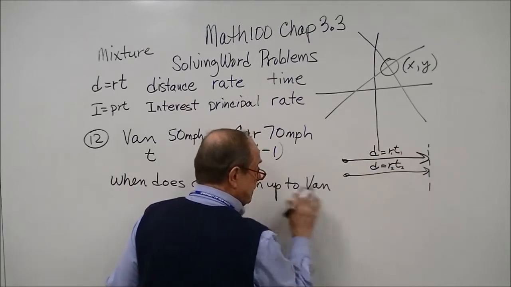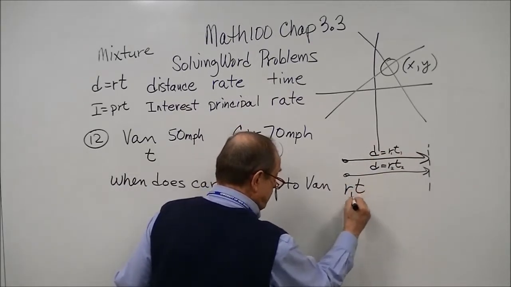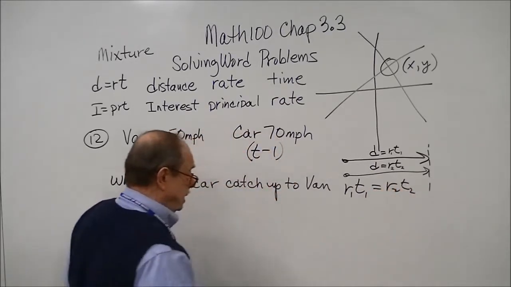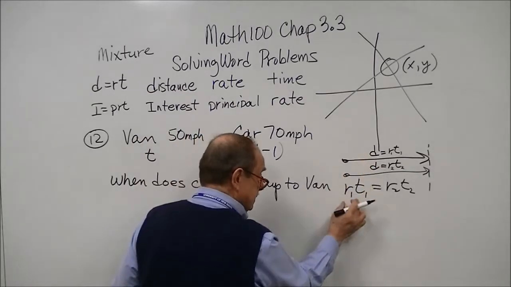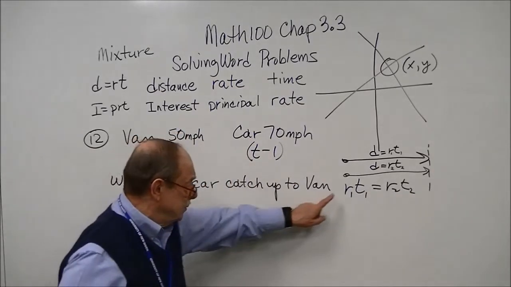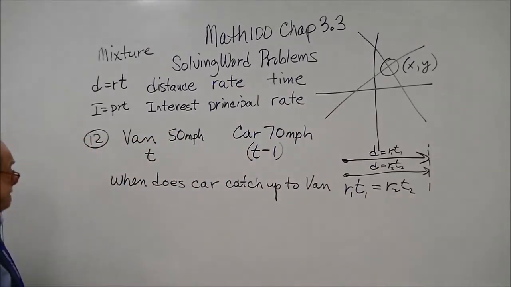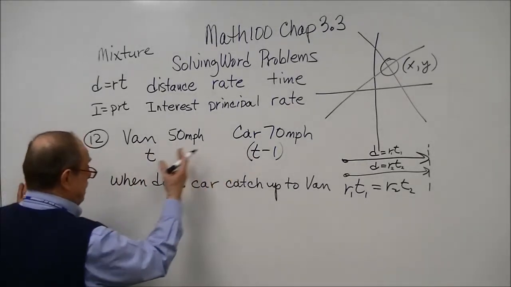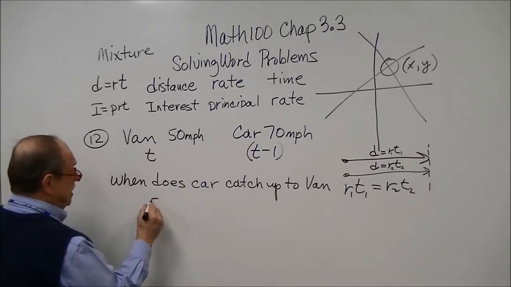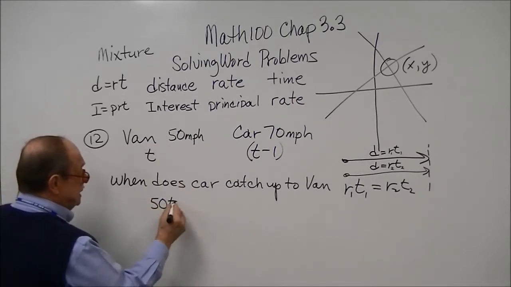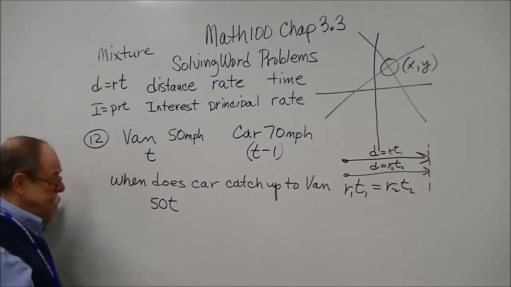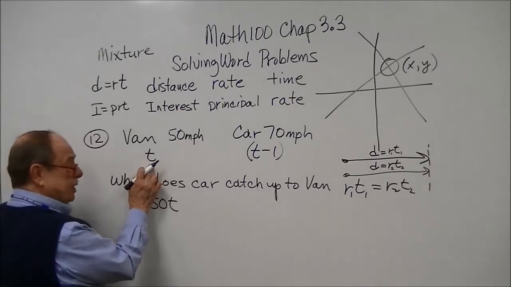But we know that distance equals distance. So our formula for this could be rate times time equals rate times time. Because we know that these distances are the same. So this is going to equal that. So this is our formula here. And we can pick it right out of our chart. So the van is going to go 50 miles an hour for t amount of time. Does that make sense? Because there's the time, we don't know that time.